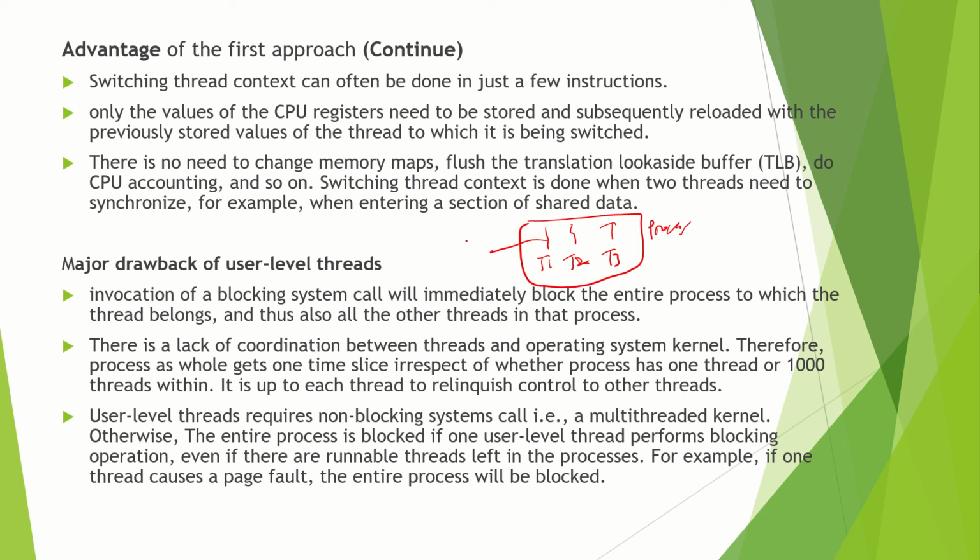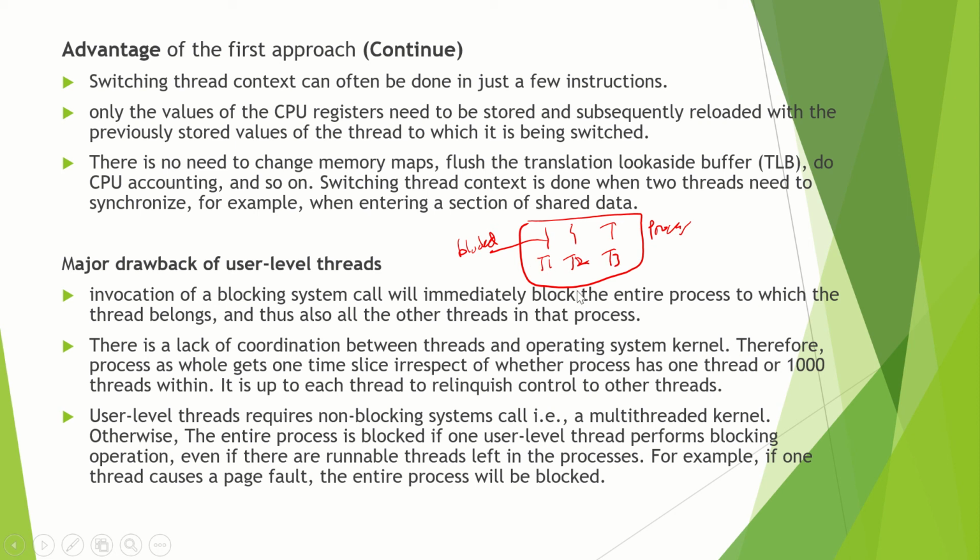If this one is blocked, thread 2 and thread 3 cannot be run anymore. You have to wait until T1 is unblocked to run thread number 2 and thread number 3.